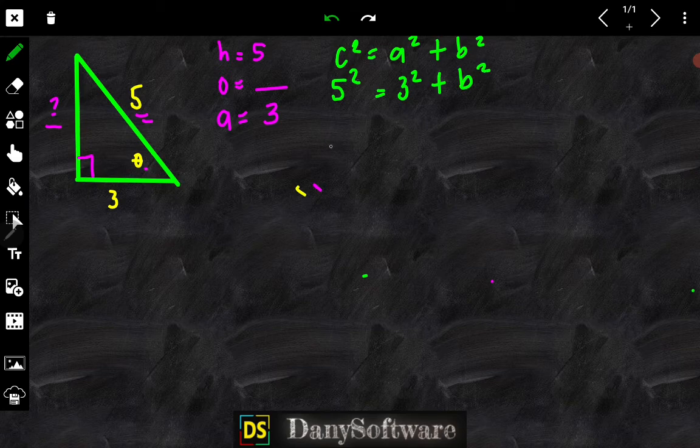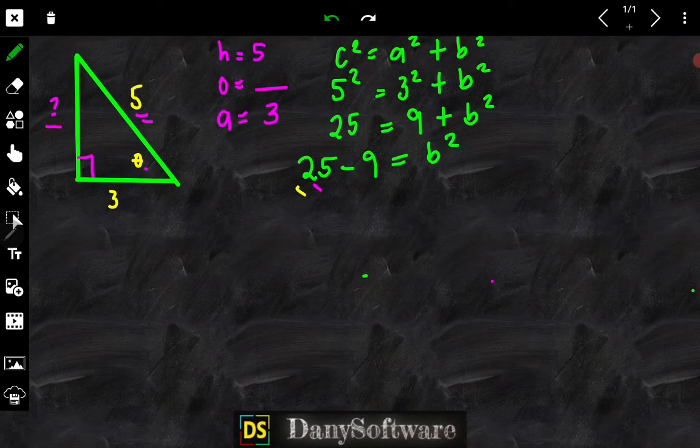So, 5 squared, that is 25, is equals to 3 squared is 9 plus b squared. Okay? So, 25 minus 9 is equals to b squared. 25 minus 9 is equals to 16, equals to b squared. Okay, b squared is equals to 16.